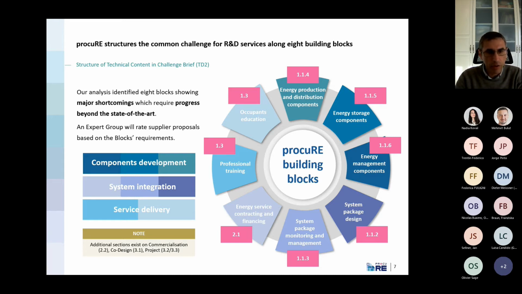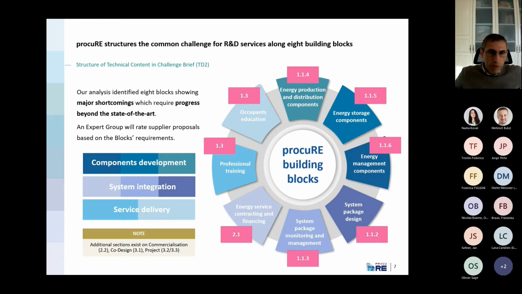But yeah, shortly going to the organization of the challenge brief in this presentation, and then I will go through the document directly, just to be really concrete. So how we organize the challenge brief.